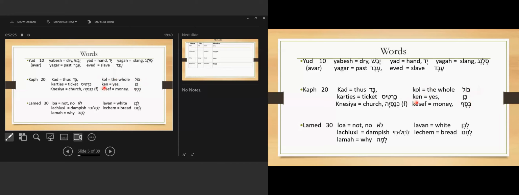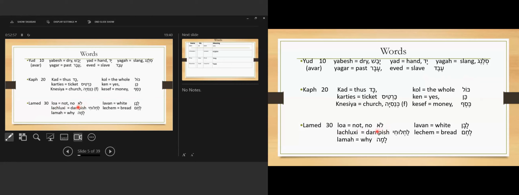Now, sorry, Tani. Yes. So if you're talking about a house, which one would you use? This house. Are you a female or a male? I'm a male. Right. So you will say, this house, ze bayit, because you are a male. You're talking about this house. This house is mine.